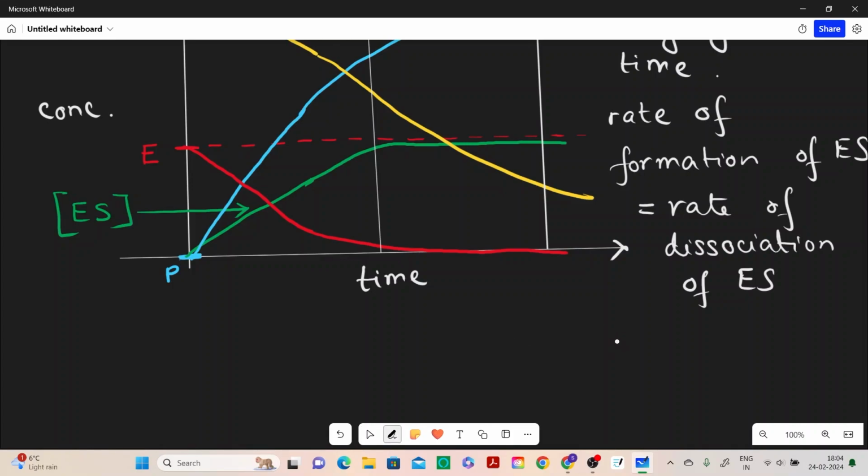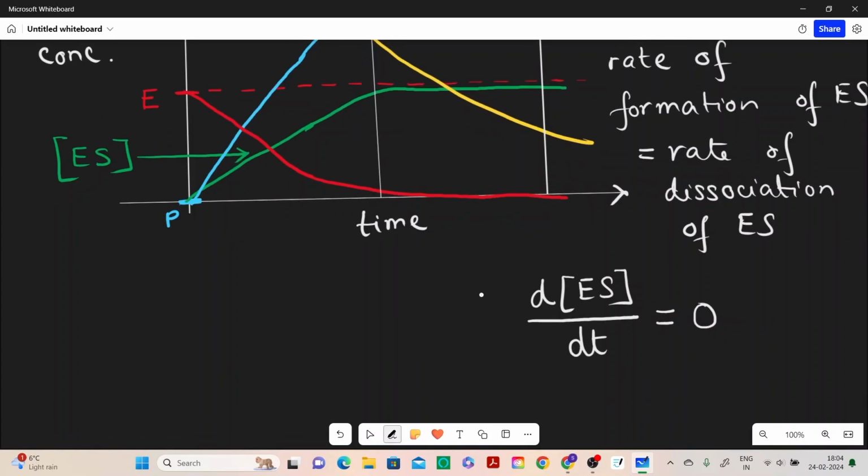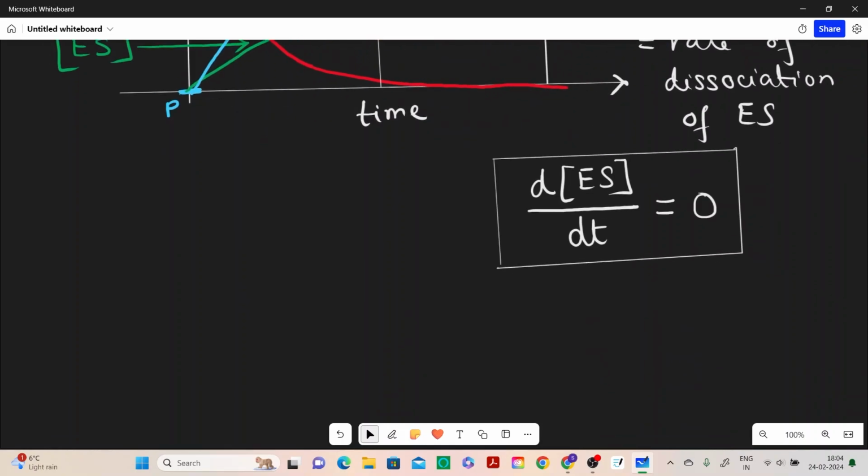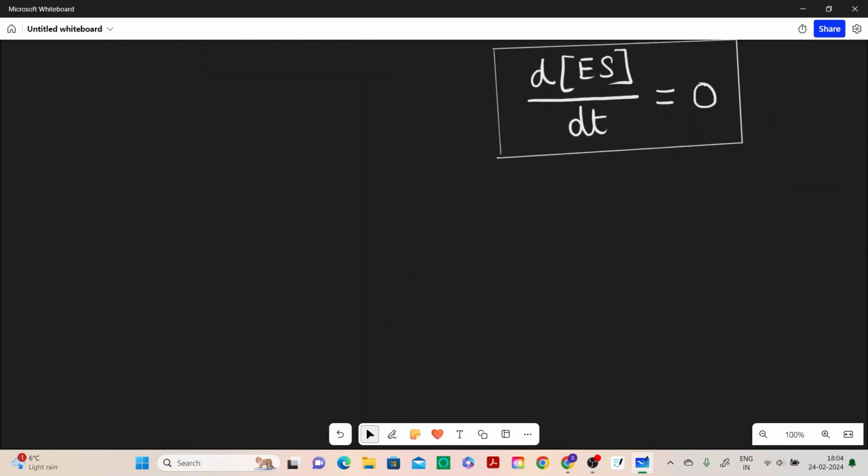Now, thanks to Newton and Leibniz for their calculus, we can write this in terms of calculus as the rate of change in the concentration of enzyme-substrate over time is 0 inside this plateau region. So this is the steady state assumption. It's extremely easy. Now we will try to understand why we did this and how it would help us in deriving the Michaelis-Menten equation.